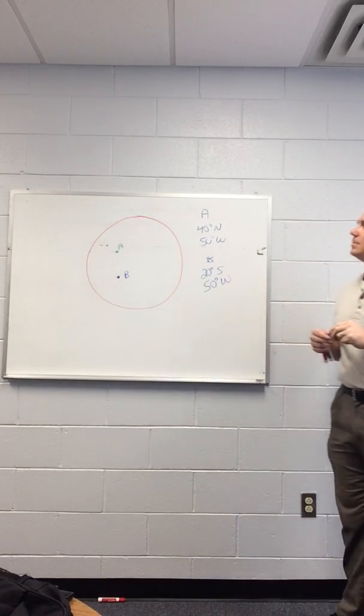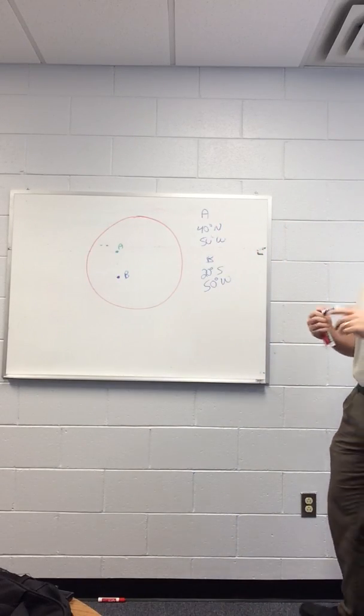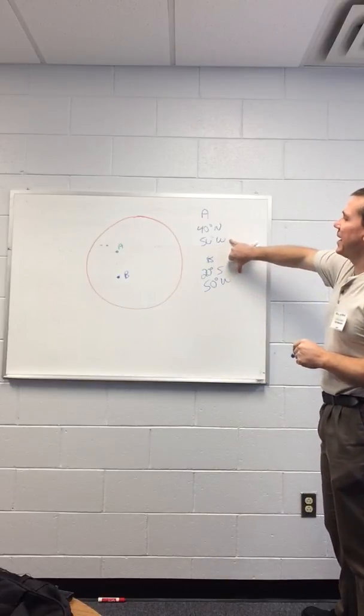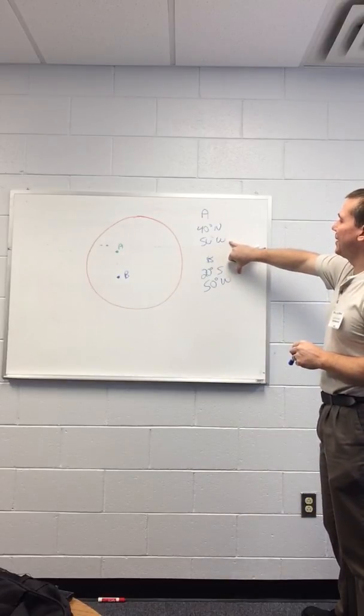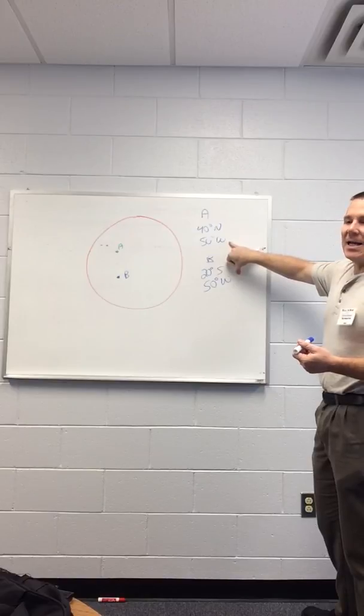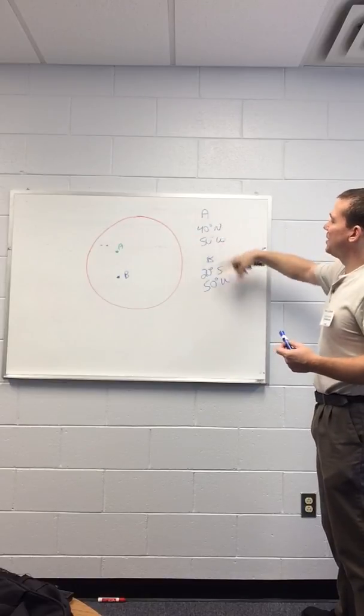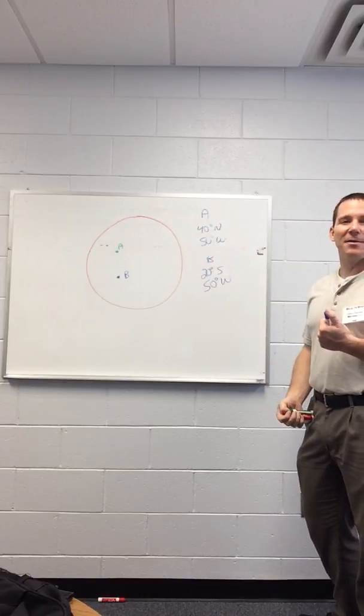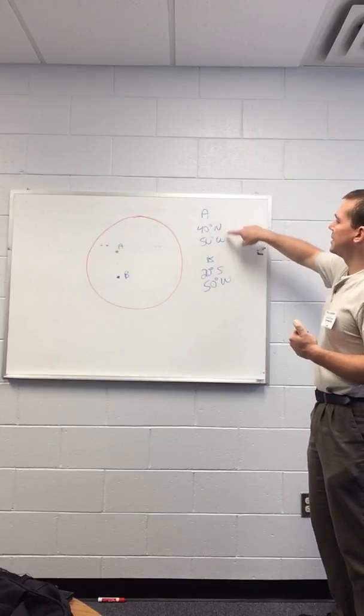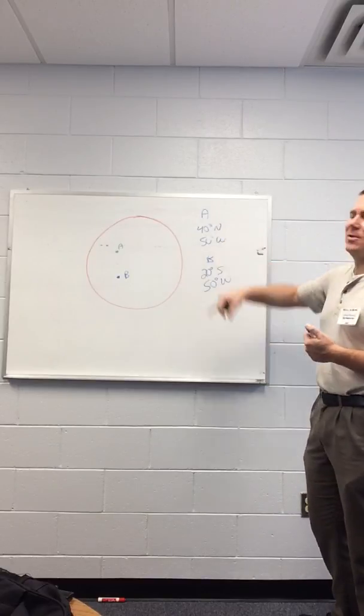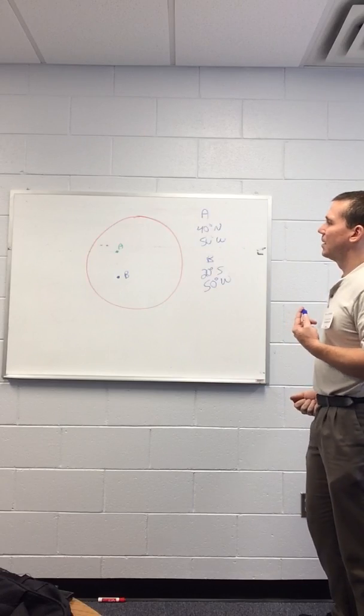And that's B. Since these have the same longitude angle, 50 degrees west, these two points are directly north-south of each other. They're about 60 degrees apart if you do it really quickly.